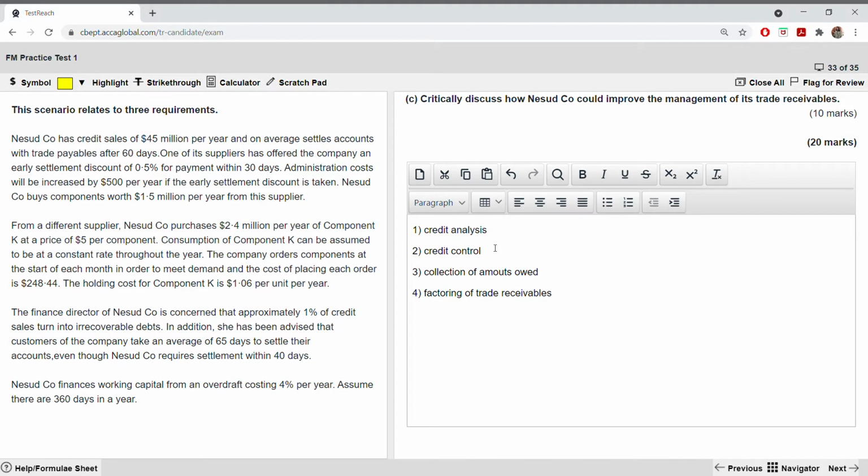They are the ones who are going to collect this trade receivable on your behalf, and then they give it to you. But for that they will charge a commission. Why are you giving it to a factor? Because they are experts in that. They know how to collect. They can collect much faster than you can. They have specialist knowledge on credit analysis, credit control, collection of amounts owed and all.